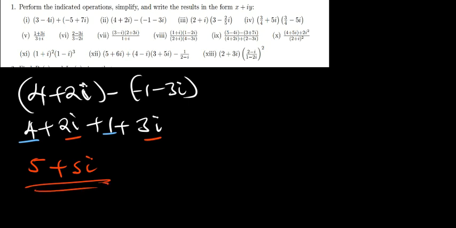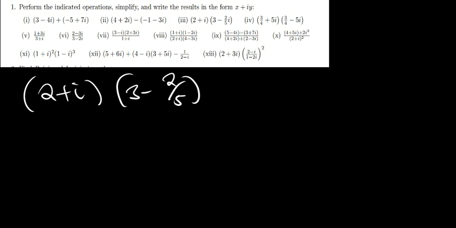Even here is going to be plus 3i, because of this negative in between. At this point I can now say the real part and the real part, and the imaginary and the imaginary. So the real part is 4 plus 1, which is 5, plus 2 plus 3 is 5i. So that is my answer.